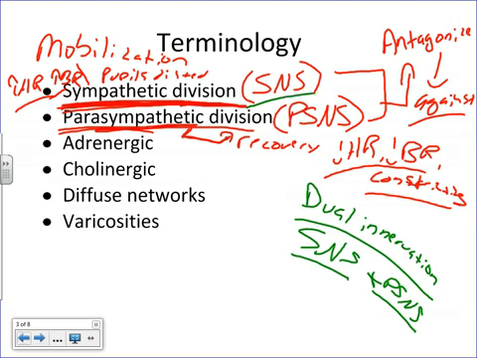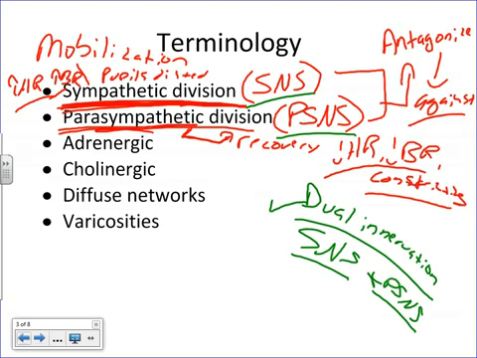And when it's time to recover, the parasympathetic nervous system is going to take control. I'll talk more about how this is controlled in another video, but this is something to think about: the concept of dual innervation, that sympathetic and parasympathetic nervous systems innervate. There are exceptions to this, but I'll go over those later on.